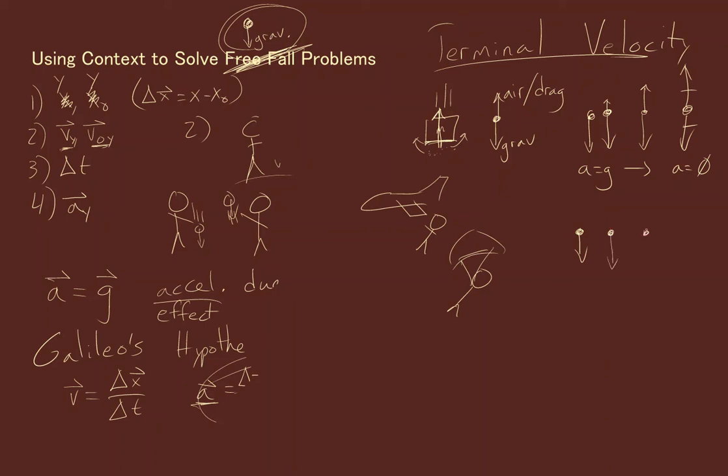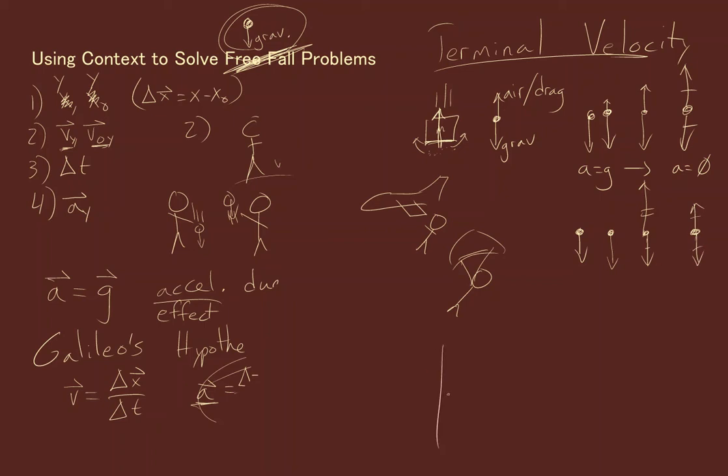And when they deploy their parachute, suddenly we have a large force caused by the air. And so what will happen is the person will slow down, until finally the two are equal again, and they reach terminal velocity.